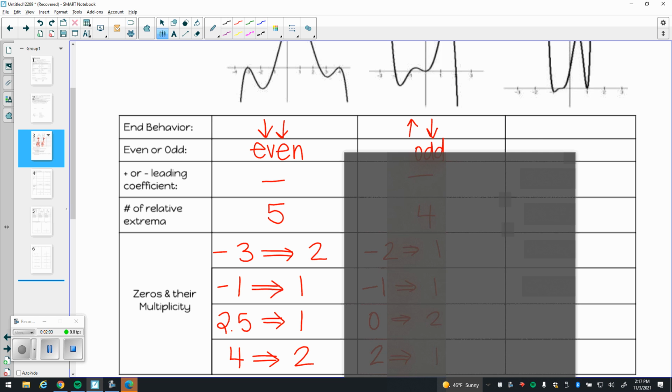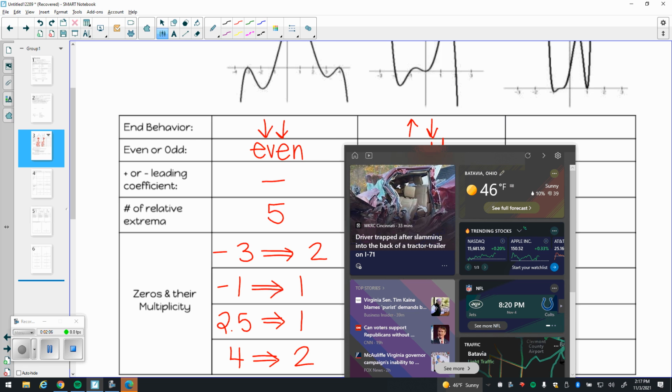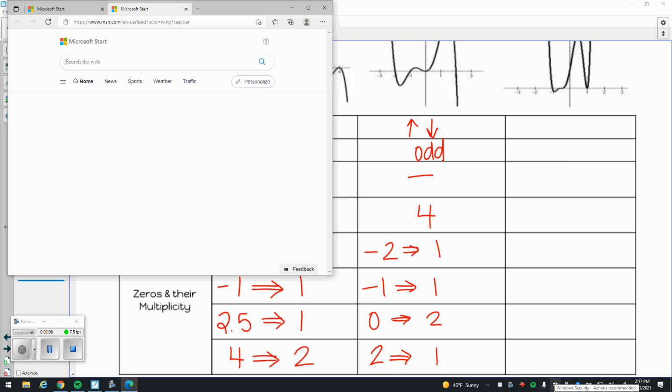So that should match up 100% with what you have.